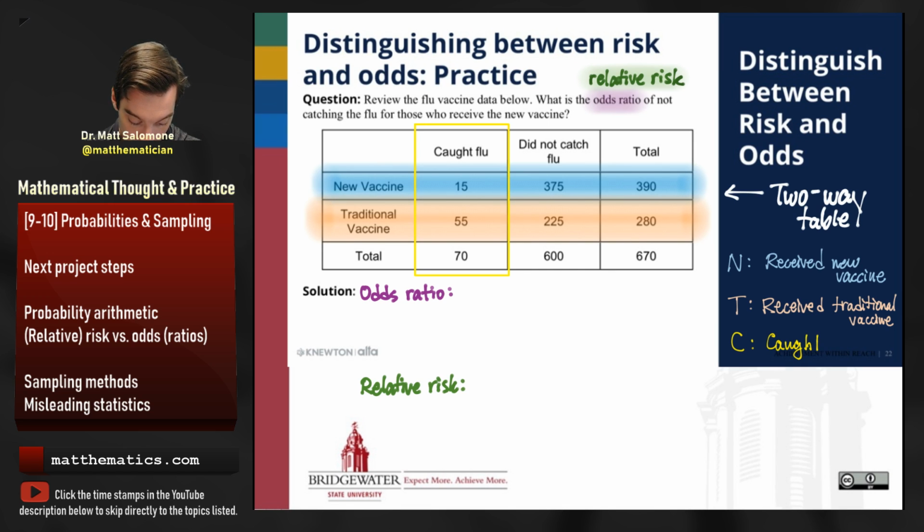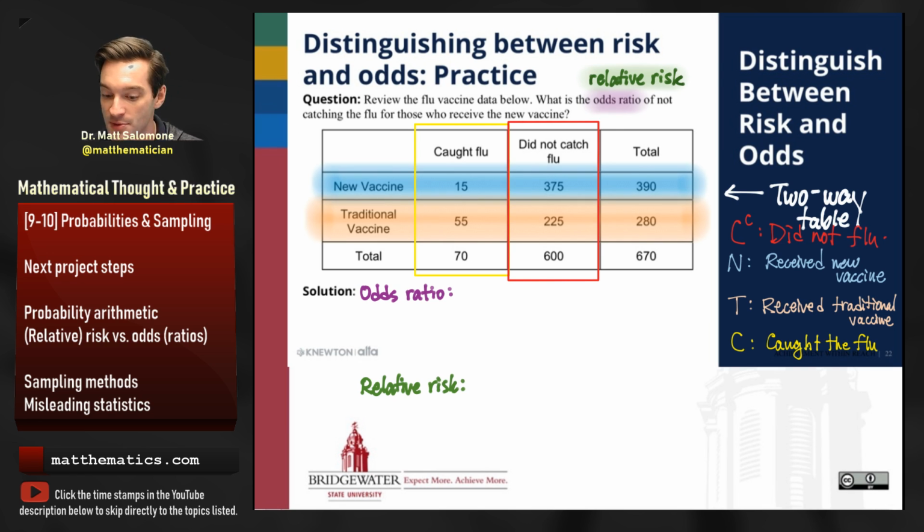And then, of course, everyone who doesn't belong to that column will belong to the column that did not catch the flu, and so that is the complement. Call it C complement. Did not catch the flu. Okay, so I'm just assigning some names to these events that hopefully make it easier to say what it is that we're talking about.